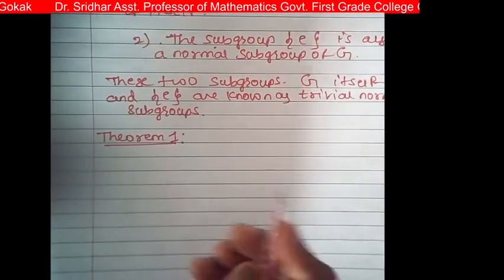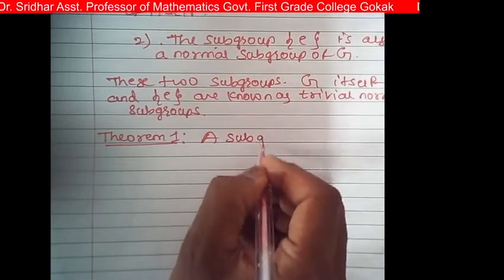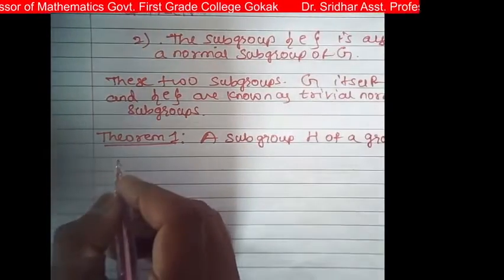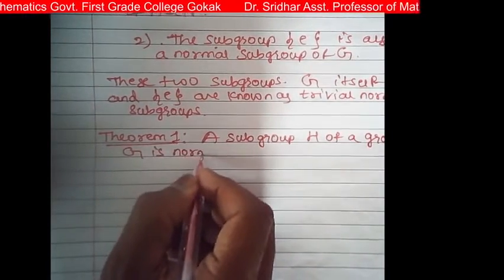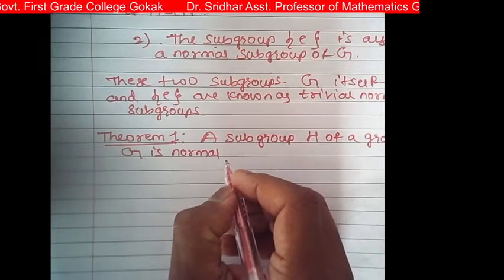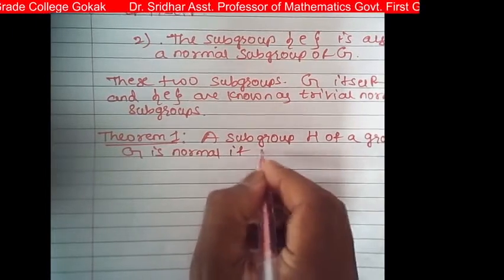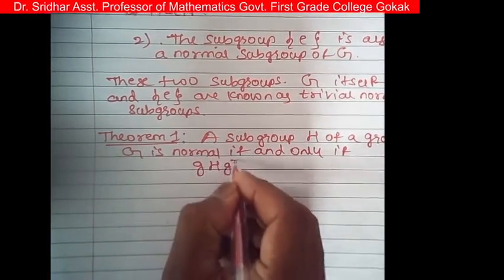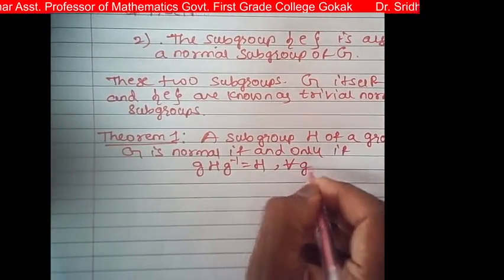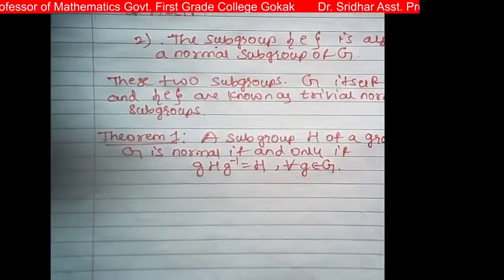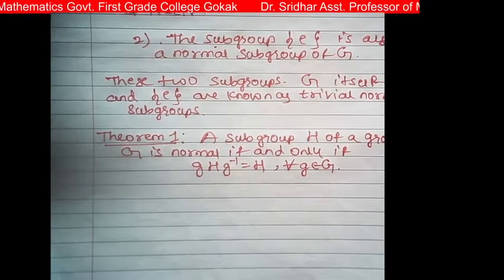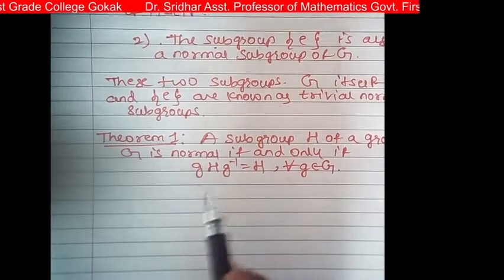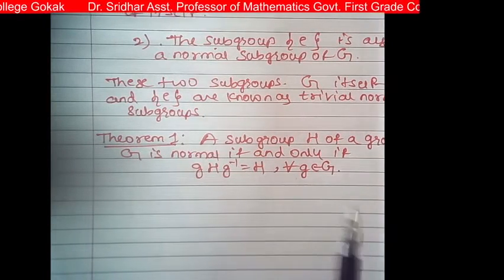Theorem 1 states that a subgroup H of a group G is normal if and only if GHG inverse is equal to H for all g belongs to G. So this is the theorem.